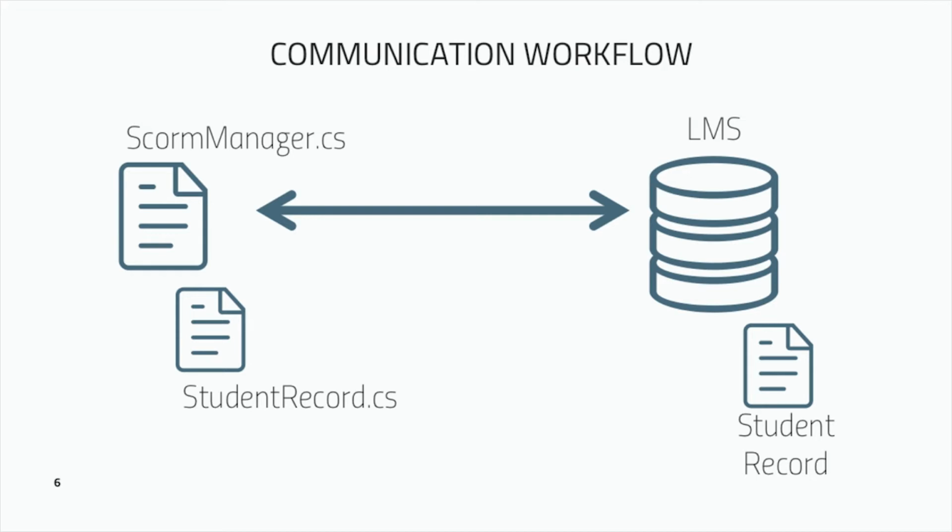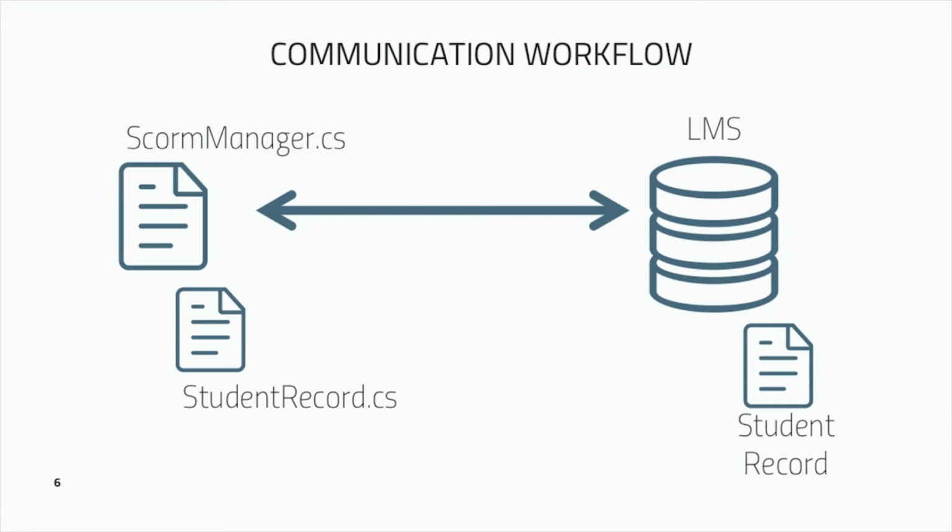So you can see on the right hand side that the learning management system has this concept of every time that a learner loads up a new session with your SCORM enabled app, it creates a new student record which includes details about the learner and their preferences, but also the details of that particular session's interactions and scores and completion status. So to reflect that, the SCORM manager also loads all of that student record data into the student record object.